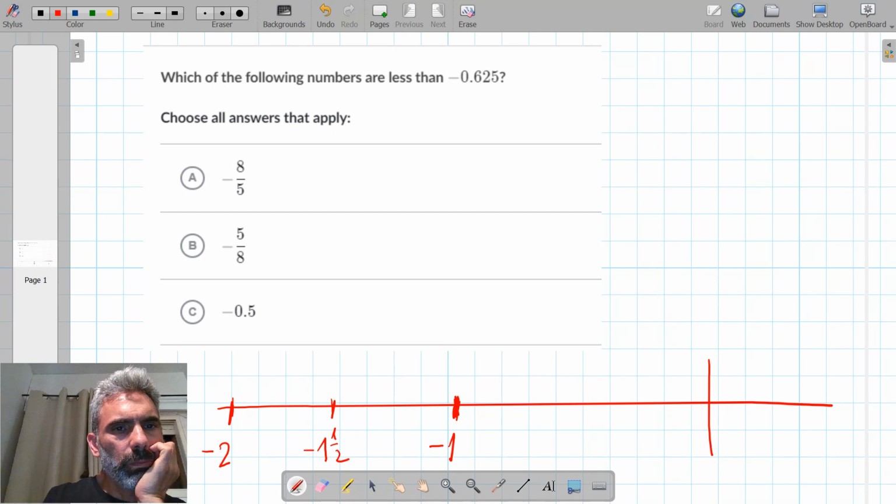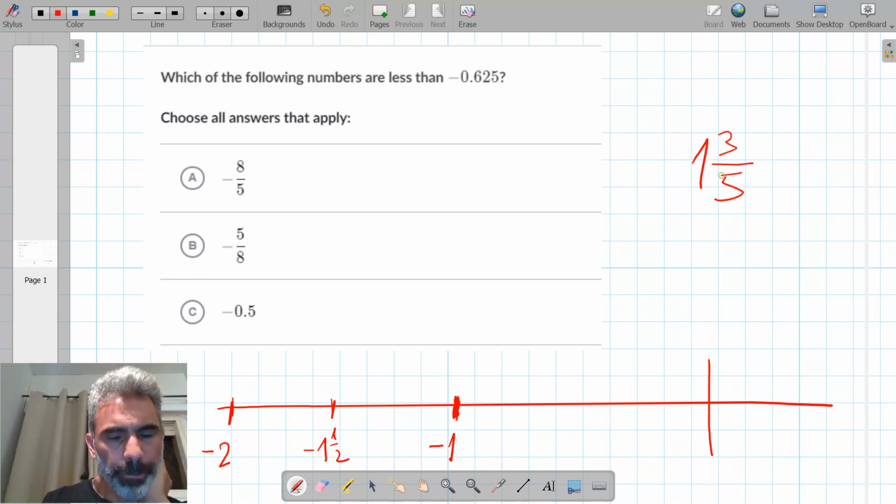So minus 1 and 3/5 is a little to the left, because minus 1 and 3/5 is a bit more than minus 1 and 5/5 to the left of it.